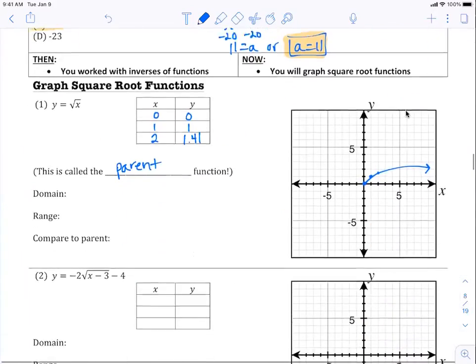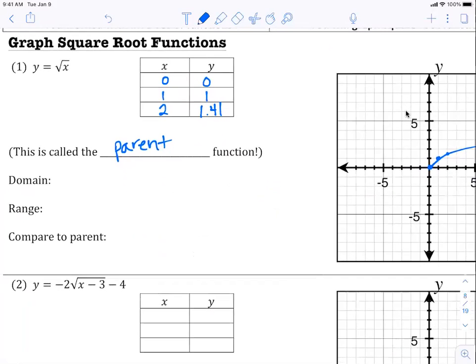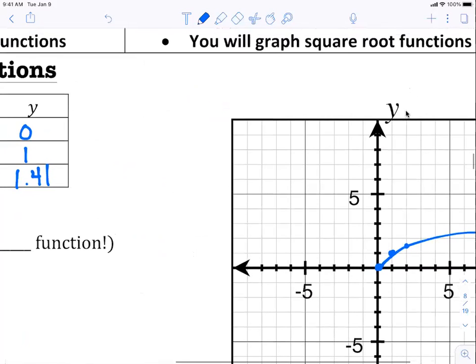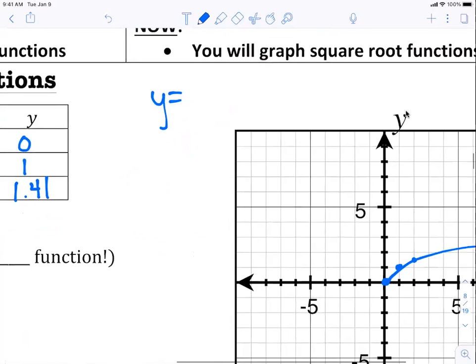Now, just like all parent functions, there is technically a parent function, like an overall basic function for all square roots. And it looks a little bit something like this. That's y equals the square root of x minus h, plus k.